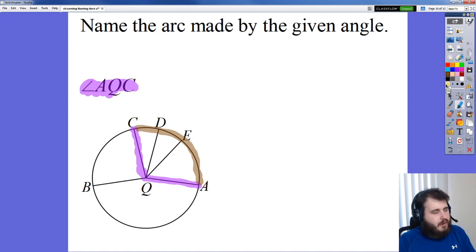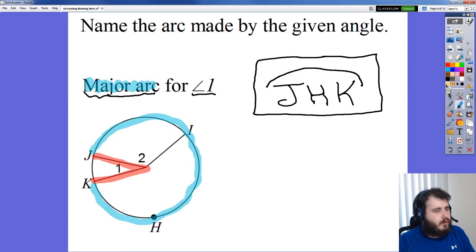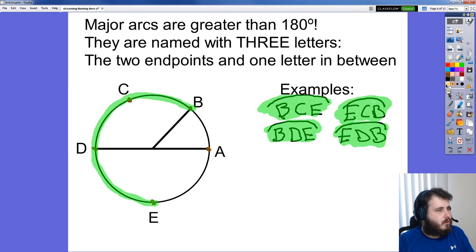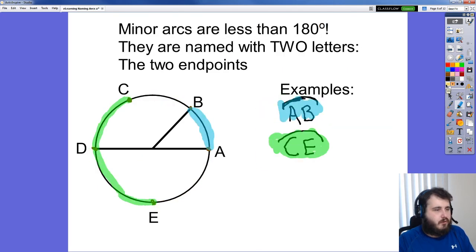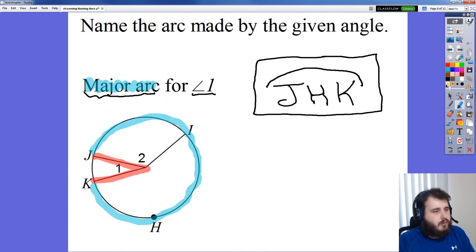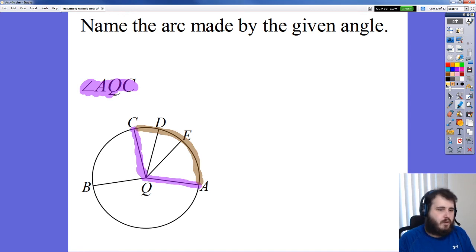Going back, looking at what I told you before, a minor arc, 2 letters, just the endpoints. So we don't have to worry about anything else except the 2 endpoints on the arc. So we look, C and A. Those are the 2 endpoints, so I'm going to call this CA.